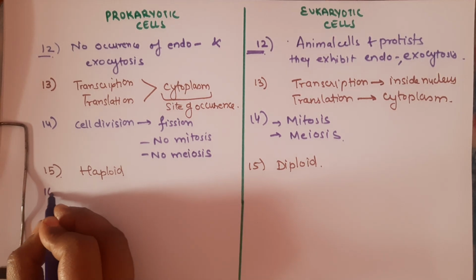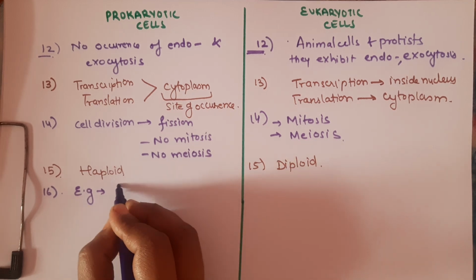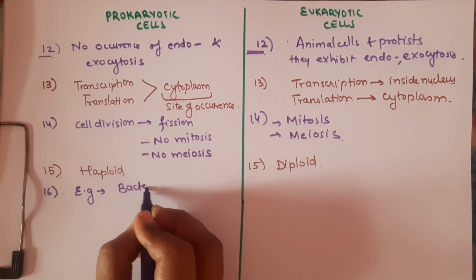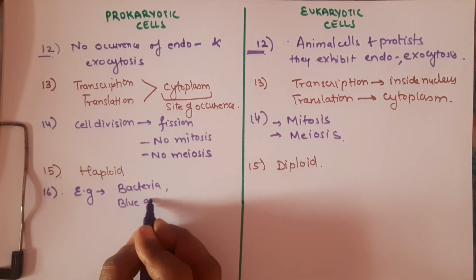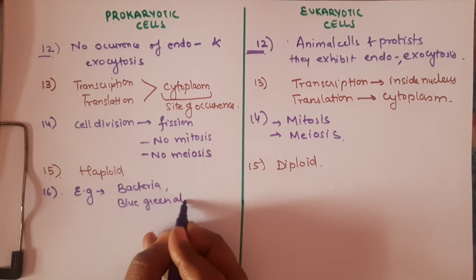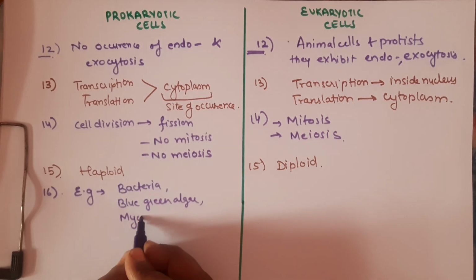The last difference between the two is the examples. The examples of the prokaryotic cell are bacteria, blue-green algae, and the mycoplasma.